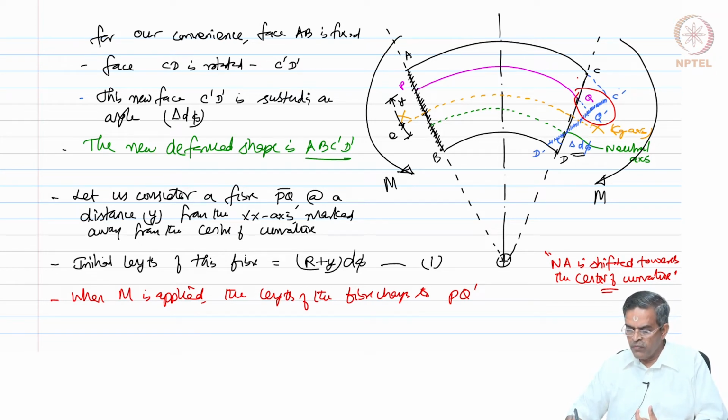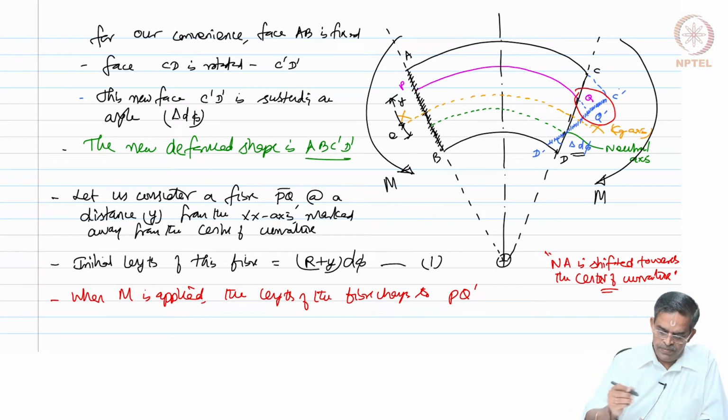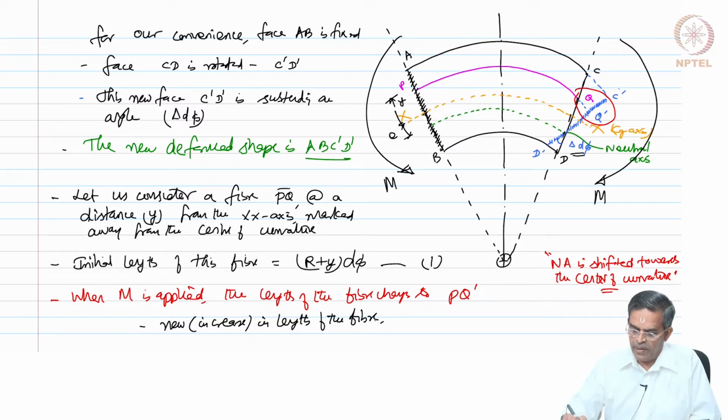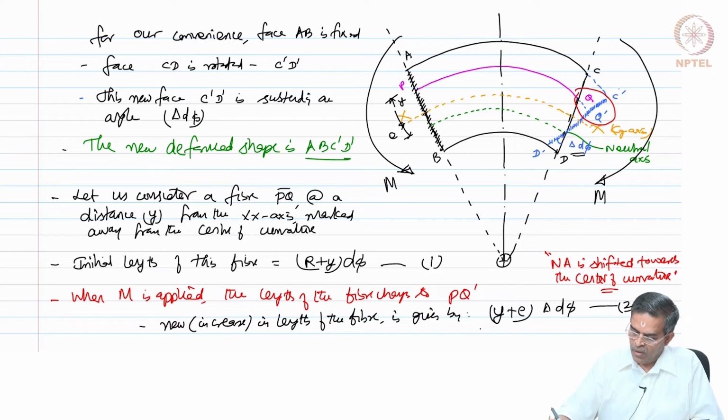So, the new length of the fiber or increase in length of the fiber, which is the consequence of the applied moment M, is given by (y plus e) delta d phi, equation 2, which I call as QQ dash.